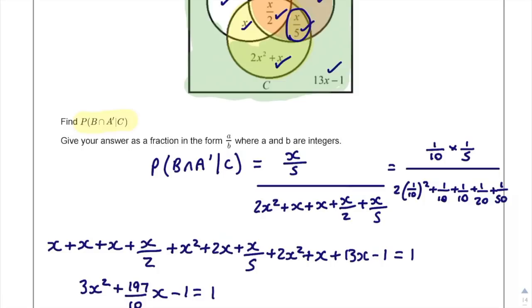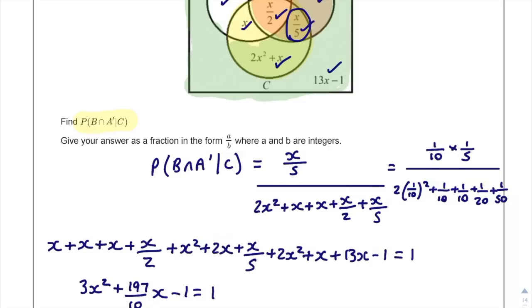So if you work that out on your calculator, 1/10 times 1/5 all over 2 times 1/10 squared plus 1/10 plus 1/10 plus 1/20 plus 1/50.